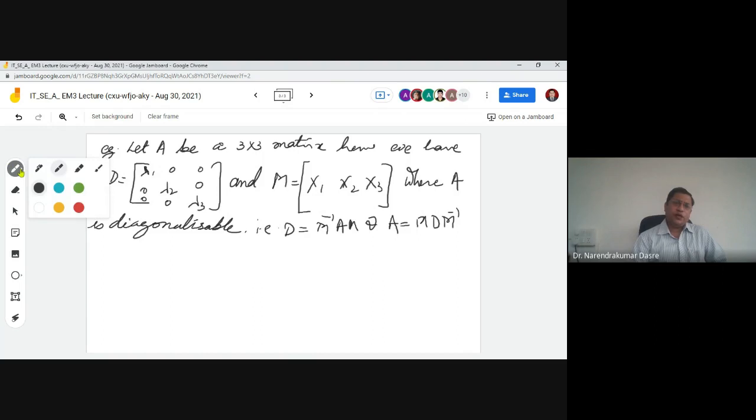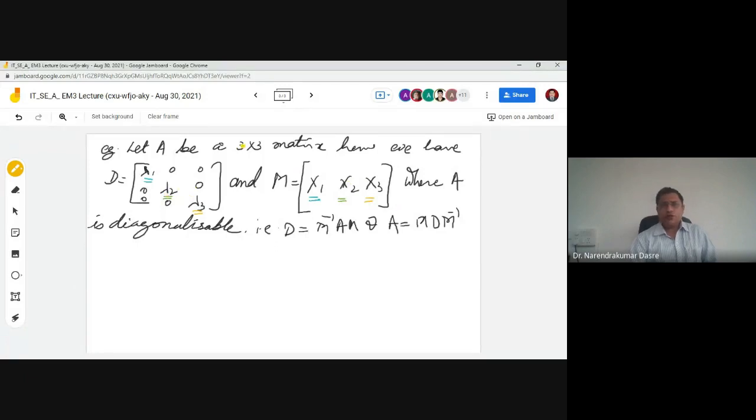So this is very important. We have the first eigenvalue and then the first eigenvector. We have the second eigenvalue and then the second eigenvector. We have the third eigenvalue, then the third eigenvector. We cannot exchange the places of these. We cannot have the third vector corresponding to the second eigenvalue.